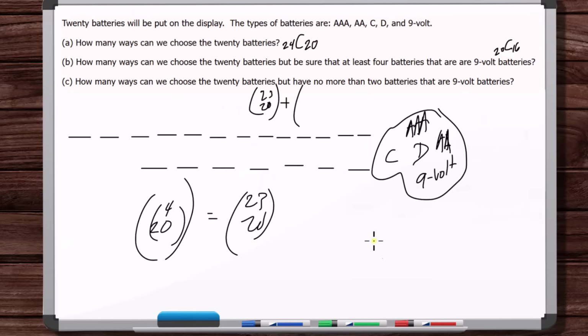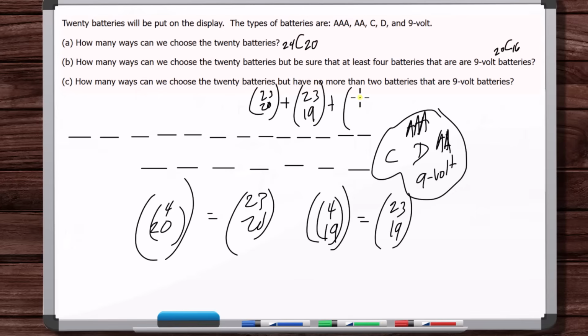Okay, but what if you have one 9-volt battery? That leaves 19 slots. You're choosing from 4, because now you can't choose a 9-volt battery. So that's 23 choose 19. So we can see the pattern here.